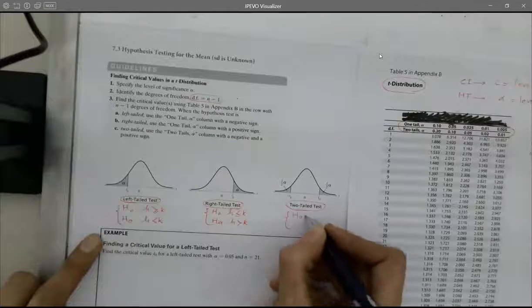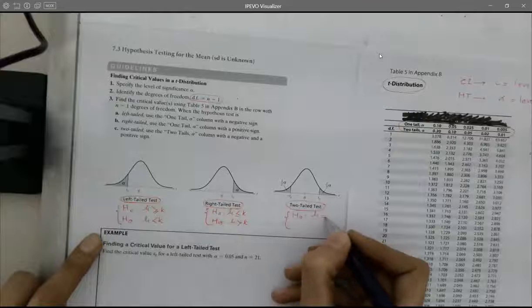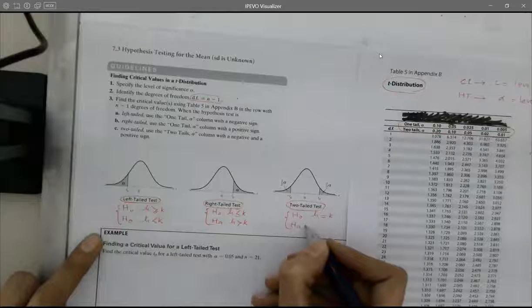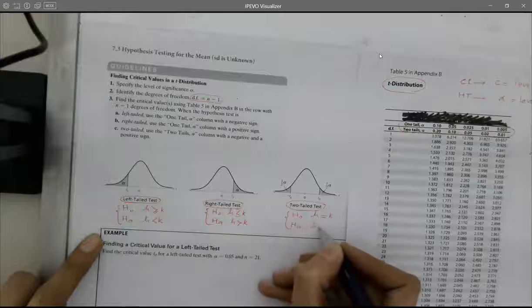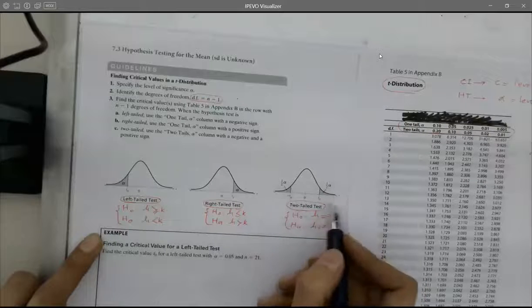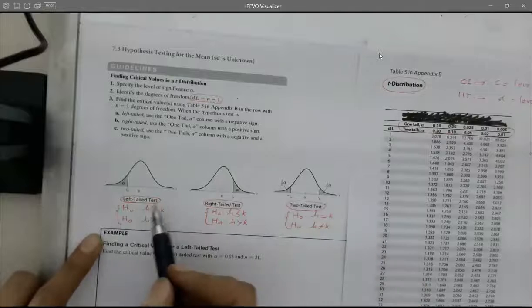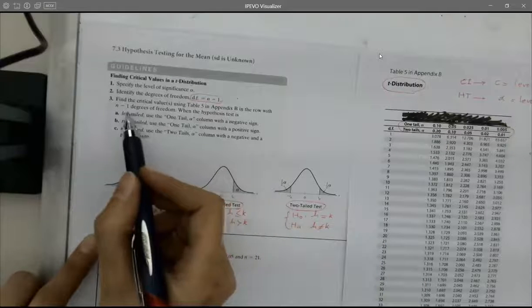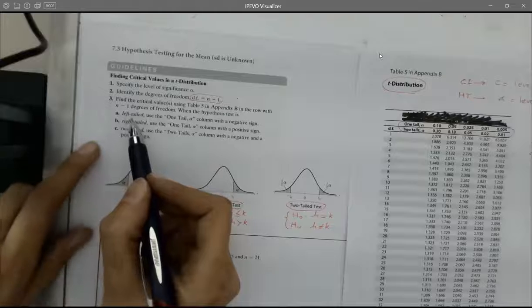And finally we have a two-tailed test. Your null hypothesis says mu is equal to k. Alternative hypothesis says mu is not k, so either on the left-hand side or on the right-hand side. Based on the category that we have, we find the critical value.